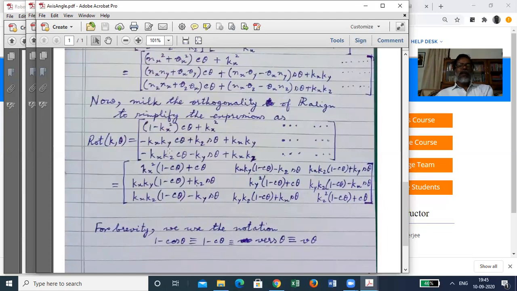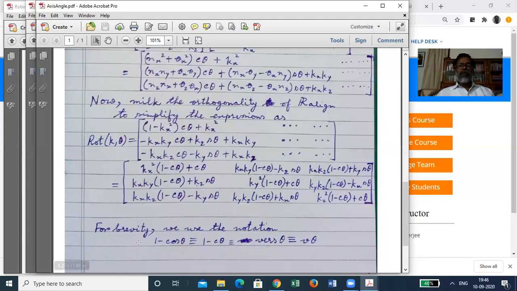And from here also, kx ky, you take two terms together, 1 minus cos theta, and the third term you leave as it is. Similarly here, kx kz into 1 minus cos theta minus ky sin theta. And then by symmetry, you fill the rest of the columns. You should actually develop the second and third columns also through these steps and verify that these do appear in proper places.